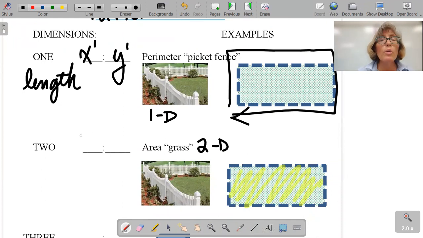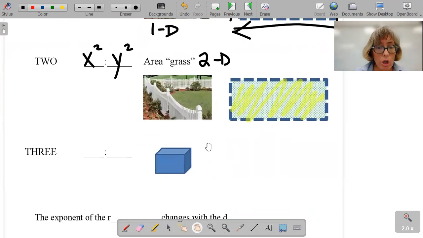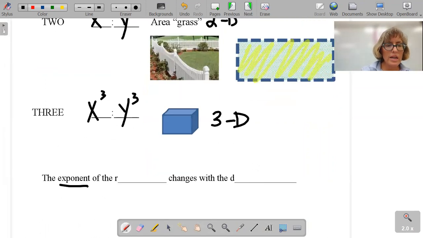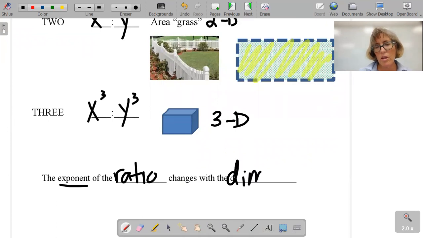So that ratio is going to change to X squared, Y squared. And if you go into volume, volume is 3 dimensions. Therefore, it's X cubed, Y cubed. Therefore, the exponent of the ratio changes with the dimensions.